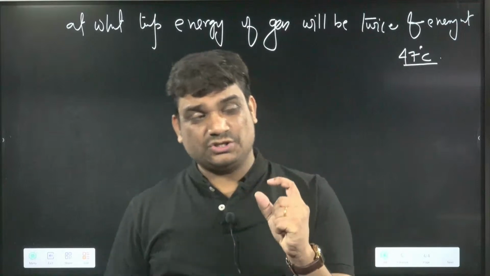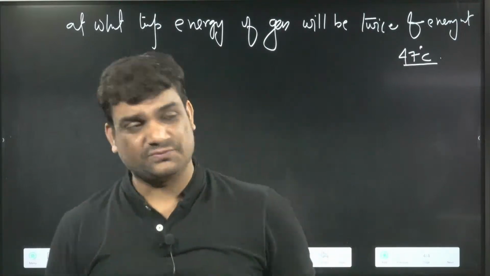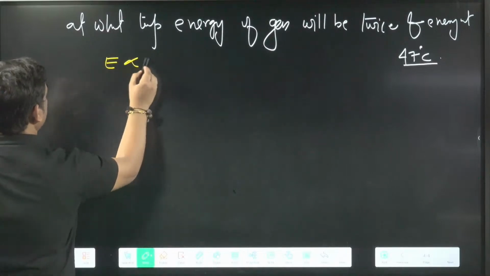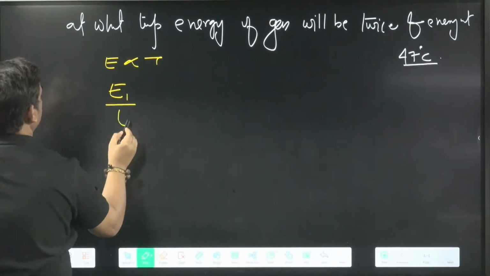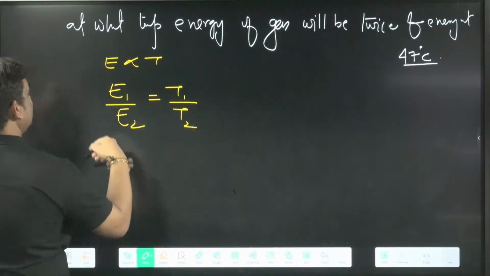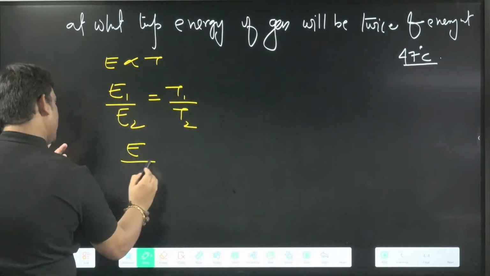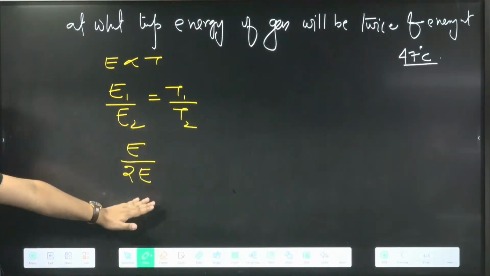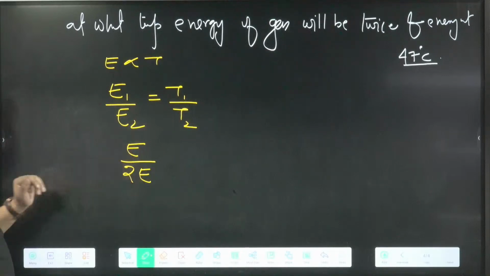At what temperature energy will be twice of energy at 47 degrees Celsius? It means what I can say, E proportional to T, it means E1 by E2 equal to T1 by T2. Means if I say initially energy as E, then finally energy I have to take twice, 2E. Energy initially E, then here I have to take 2E.